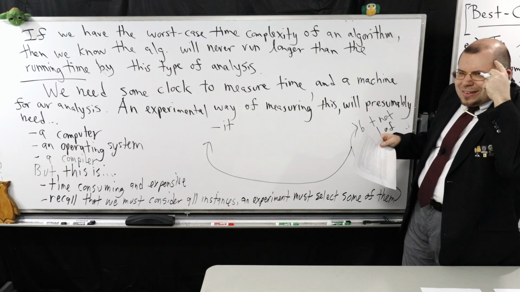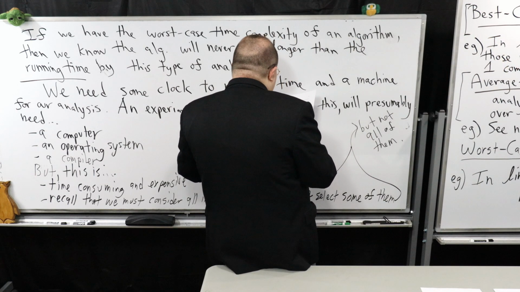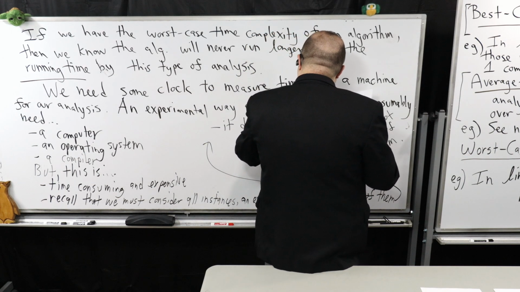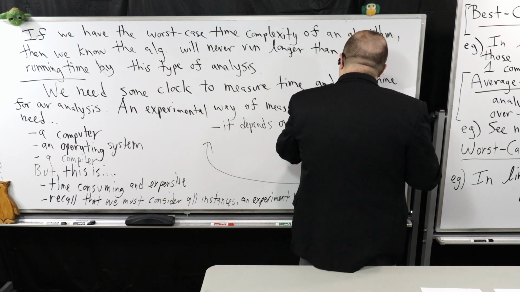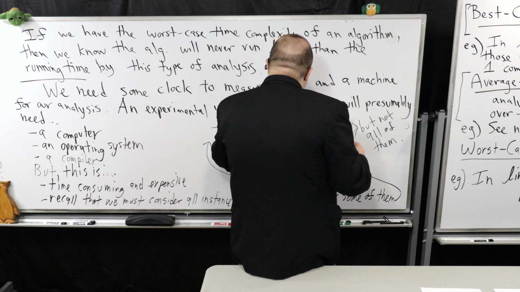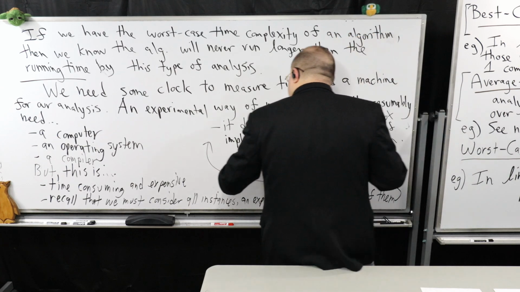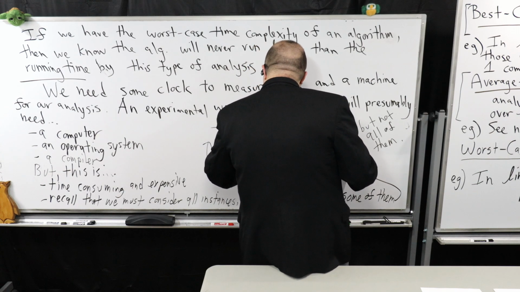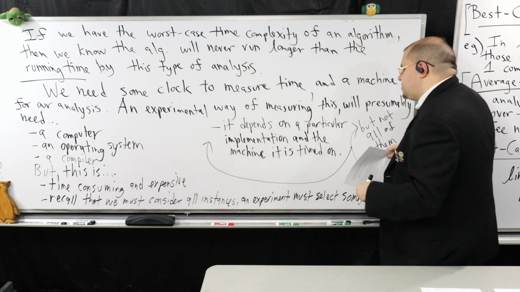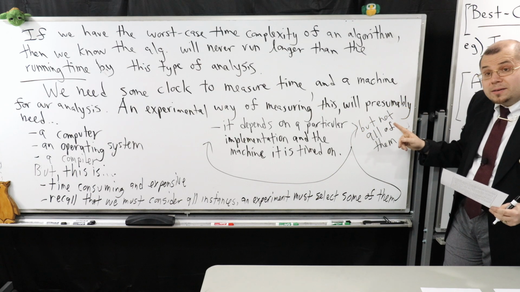When I write an experiment and use a computer to do this, ultimately one thing we have to keep in mind is it depends on a particular implementation and the machine it is timed on.